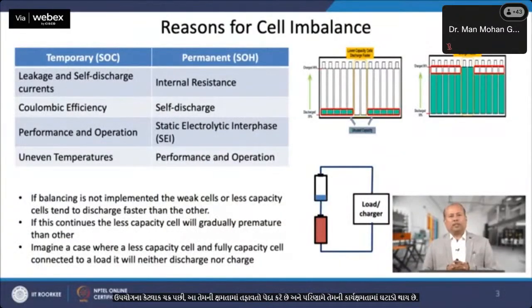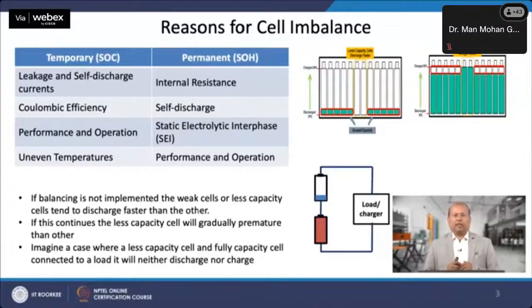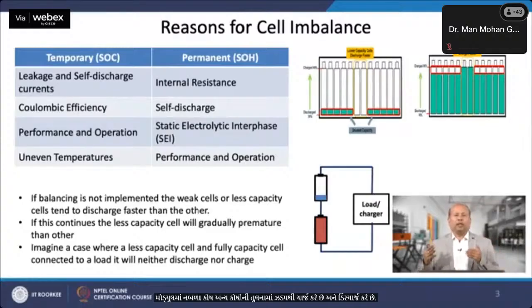This poses differences in their capacity and results in a decrease in their efficiency. The weak cell in the module charges and discharges faster compared to other cells.